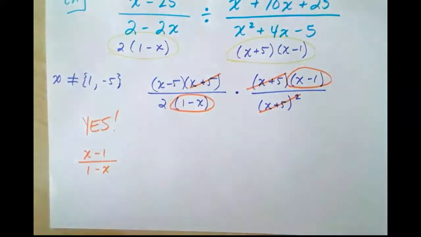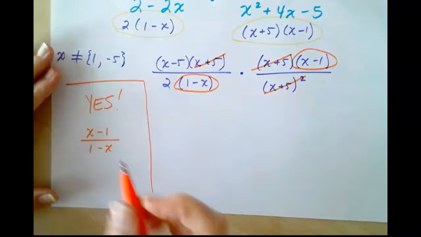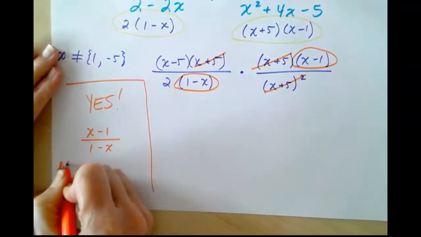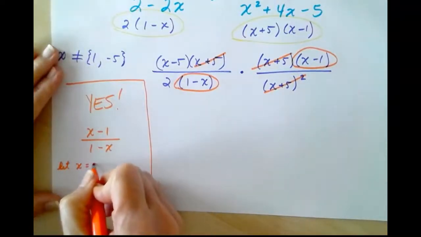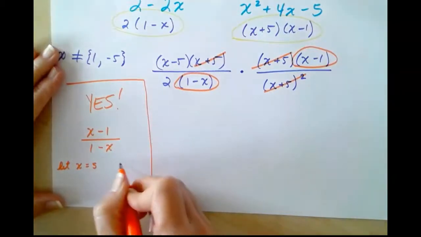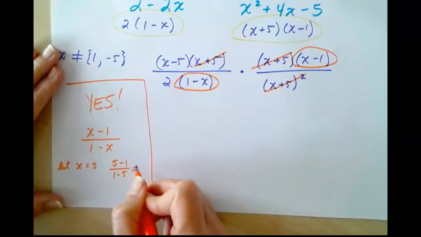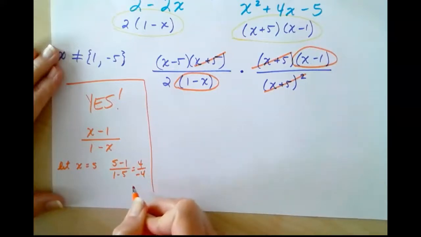Now they have a special name, and before we cancel them, how about we do a little substitution here? Let x equal 5. If we let x equal 5, what do we get? We get 5 minus 1 over 1 minus 5, which is 4 over negative 4, which is negative 1.